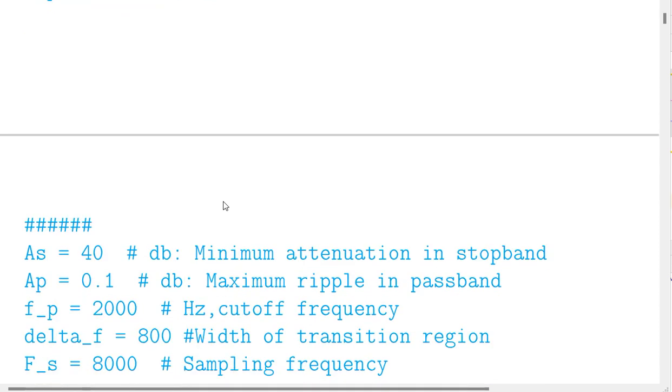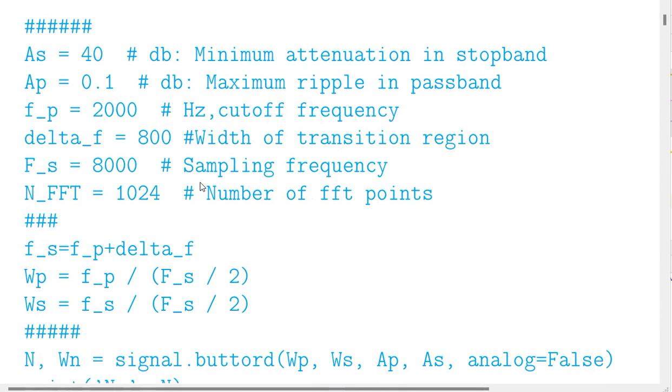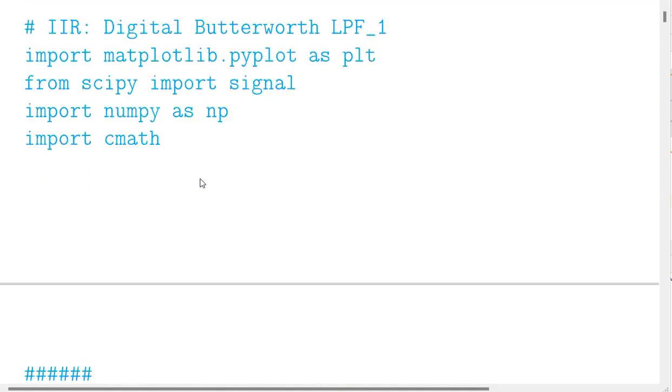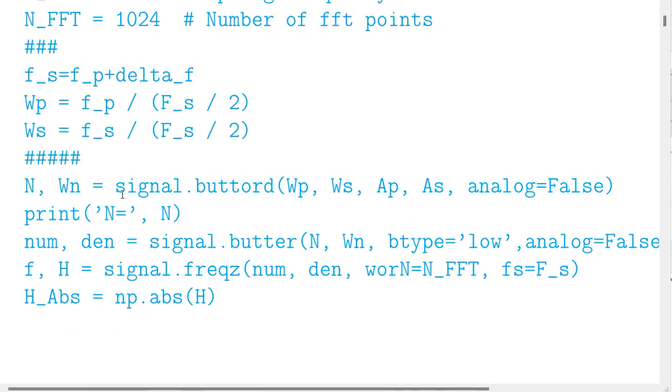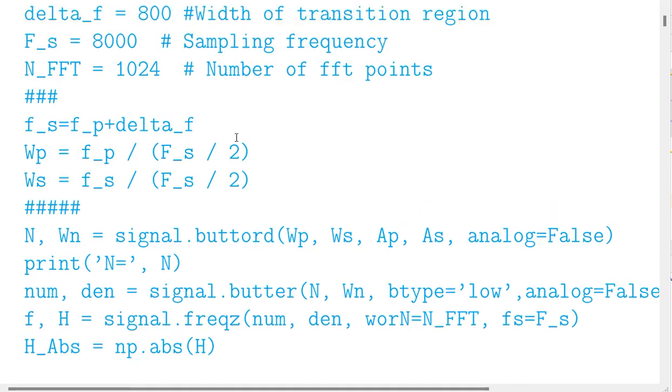Now, this is the code. And here you see Butterworth. Okay. N and WN is computed as signal.buttord, WP, WS, AP, and AS.